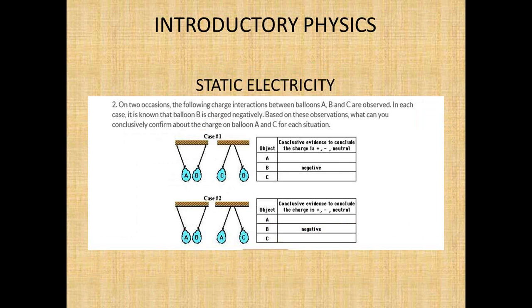Okay? So we know that B is negative, and the only way B and C are going to repel is if they have to be like charges.